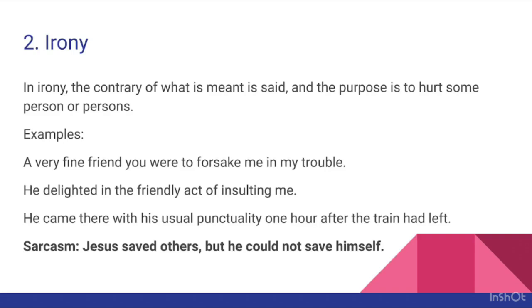So, in both the irony and the sarcasm, the purpose of the speaker or author is to attack some person or persons. Take, for example, this sentence: Jesus saved others, but he could not save himself. So, this is sarcasm because the contempt or condemnation is expressed directly.